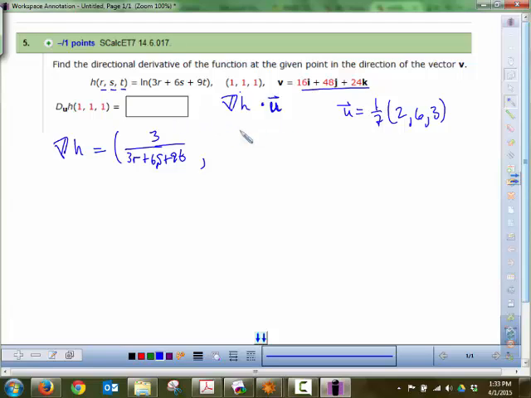And then I'll do the same thing for the rest of them. So it'll be 6 over 3r plus 6s plus 9, and 9 over 3r plus 6s plus 9.